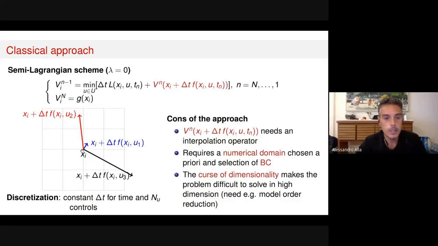So for instance, if we start from xi and we get some discrete control, here you see that it might happen that we don't go to a point of the grid, but somewhere inside the domain or outside. So if it is outside, we have to select some boundary condition. If it is inside, we have to perform an interpolation operator, which for high-dimensional problems is also expensive and not trivial.